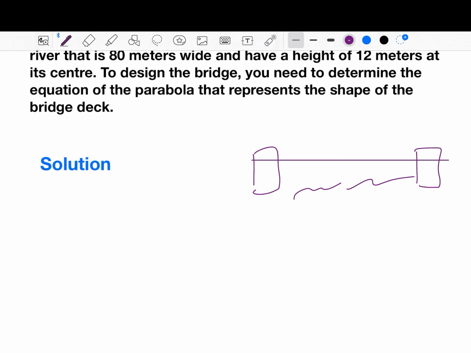But one of the reasons it is important to actually use a parabolic equation is that it enables us to have a stable structure. That's one of the reasons why parabolic bridges are popular. Number one, they're beautiful. Number two, they enable the structure to be stable.